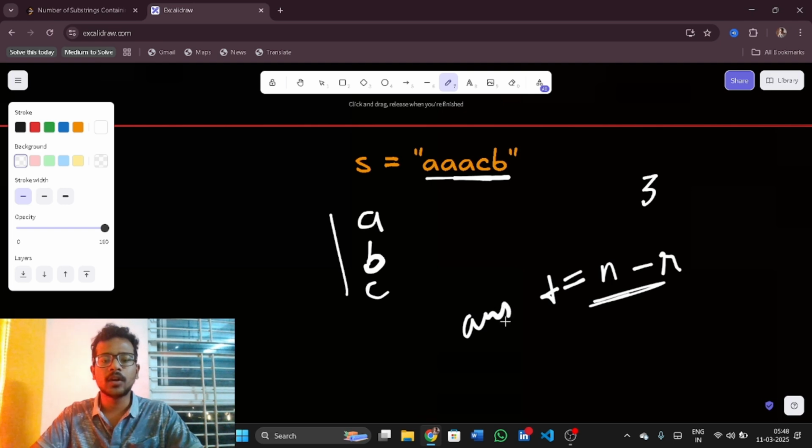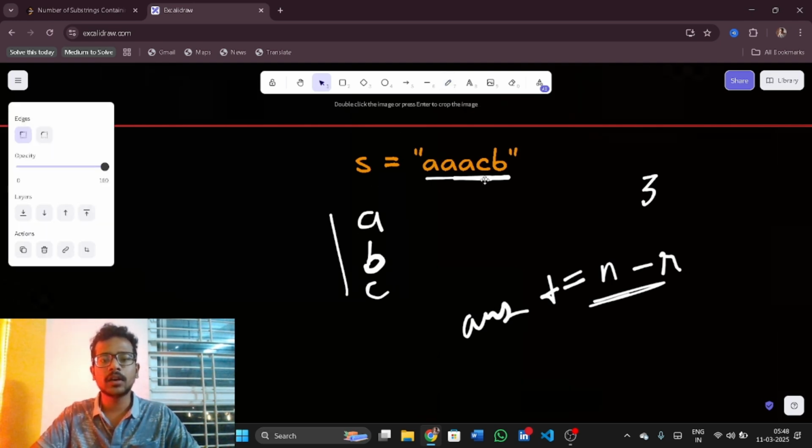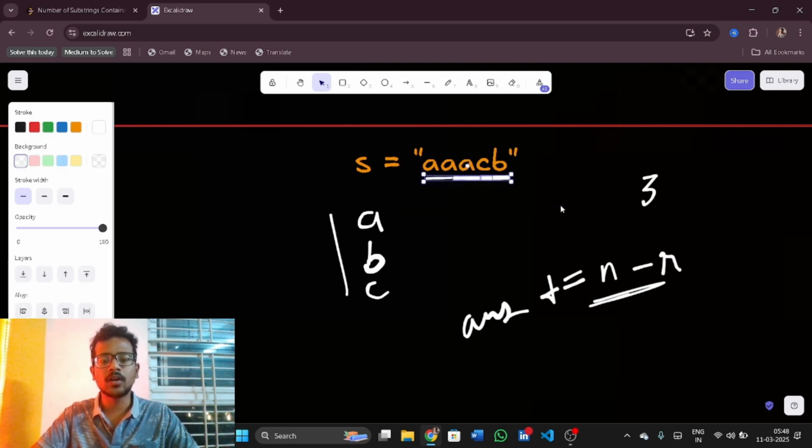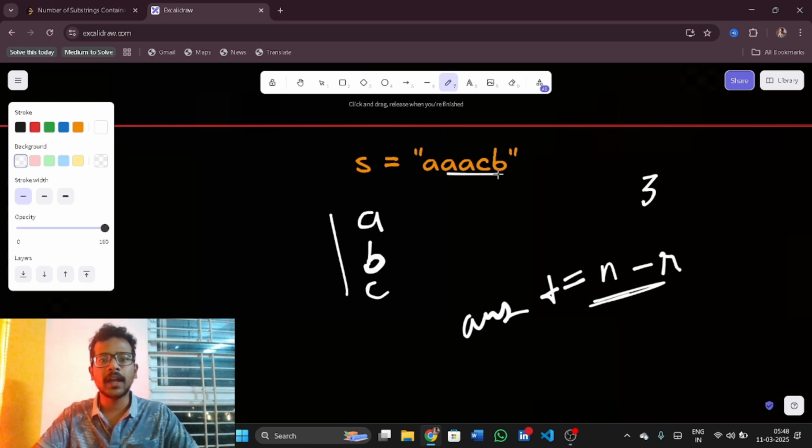Now what do I need to do now? First thing, I got till here. But I also have this AACB, which has a frequency of A, a frequency of B, and a frequency of C. So at this point, when MP dot size is equal to 3, then I need to increment my left pointer.